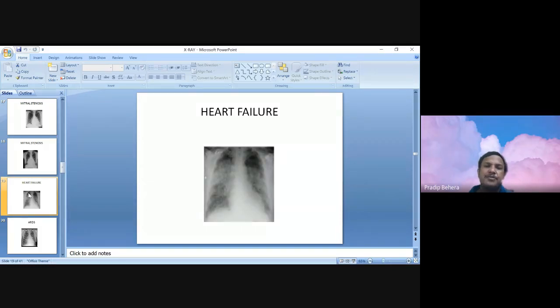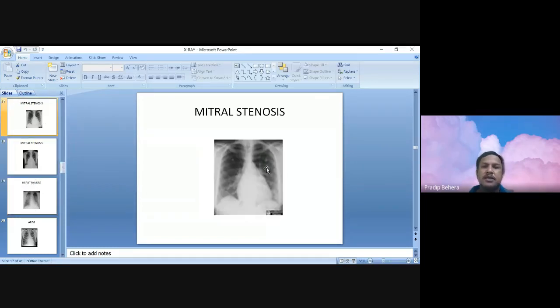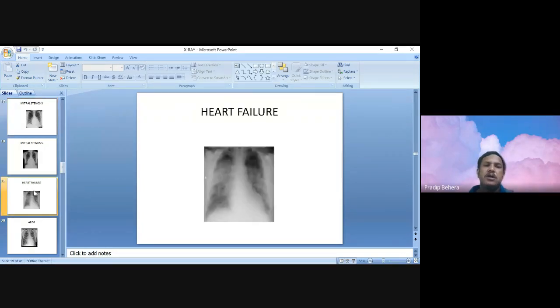That is the left border, and you look at this one. So here the left border of the heart becomes straight. This is due to pulmonary arterial hypertension, which normally puts a notch. So this is the straightening of the left border of the heart, and this is due to mitral stenosis.